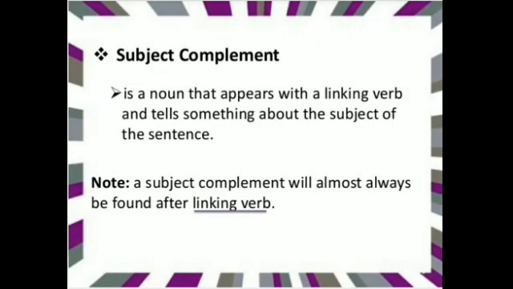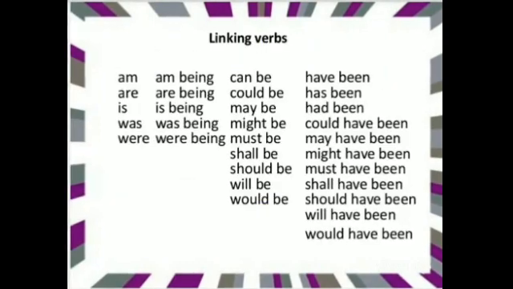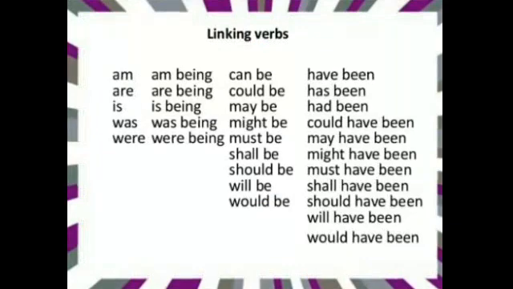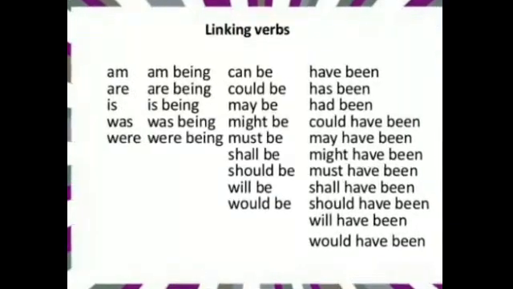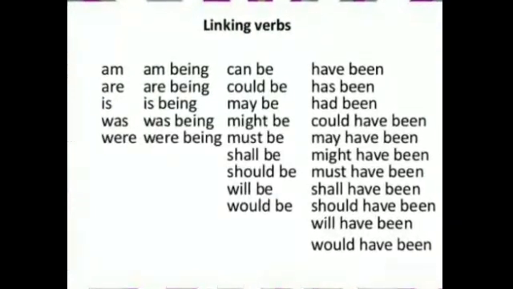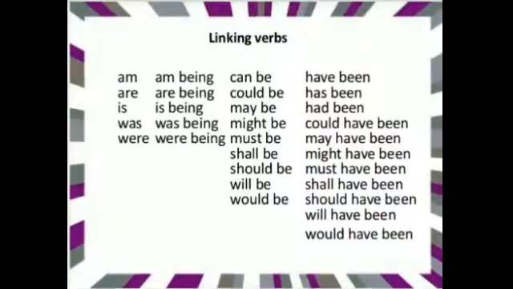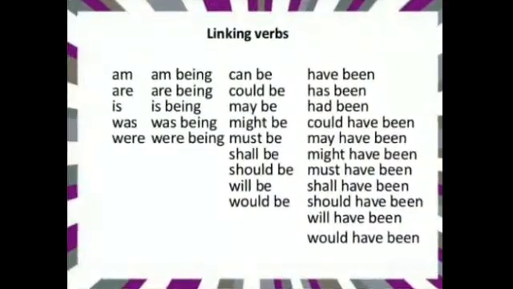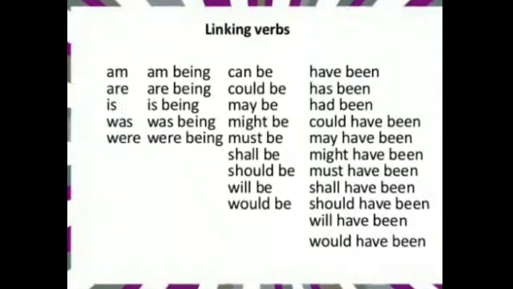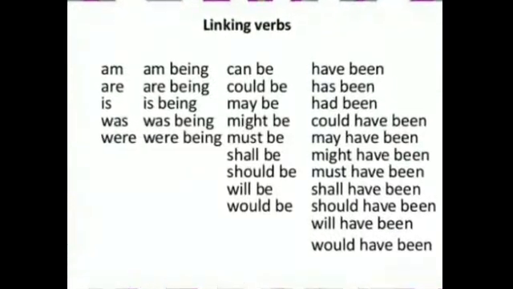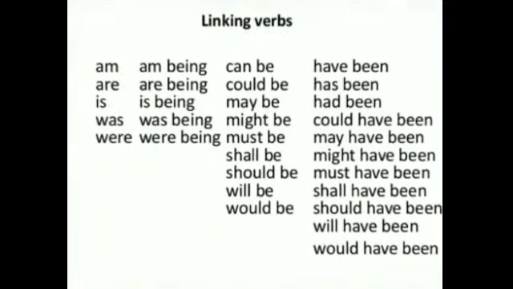If you remember, you have learned what linking verbs are. Am, are, is, was, were, been, can be, could be, has been, may be, shall be, might have been. These are all linking verbs. Should have been, was being, were being.